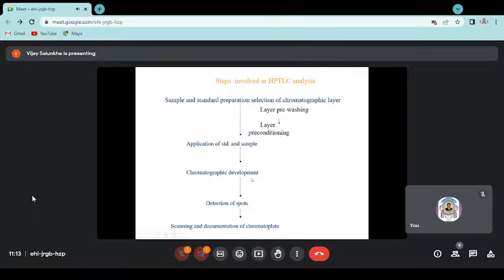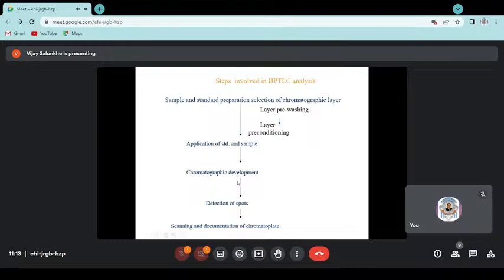In chromatographic development, that means method development and validation, we have to develop a proper mobile phase. Which mobile phase is required depends upon your trial and error method, or the triangle given in the Stahl thin layer chromatography book, depending upon polarity and non-polarity and the nature of the secondary metabolite or active chemical constituent to be separated.